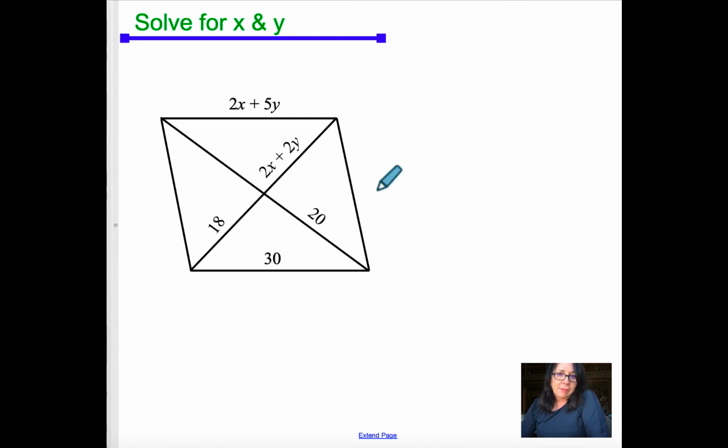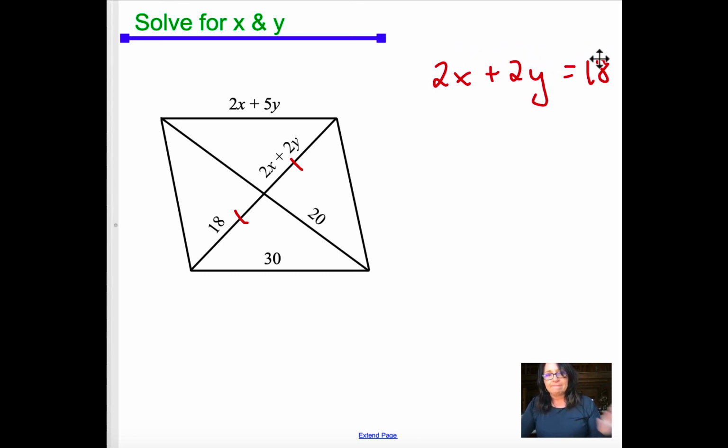For this problem here, it's a little bit trickier, definitely. This length equals that length because the diagonals bisect each other. So that means that I have 2x plus 2y is equal to 18. Also, I know that's 20, but that really doesn't help me in finding out what x and y is, because I have two unknowns.